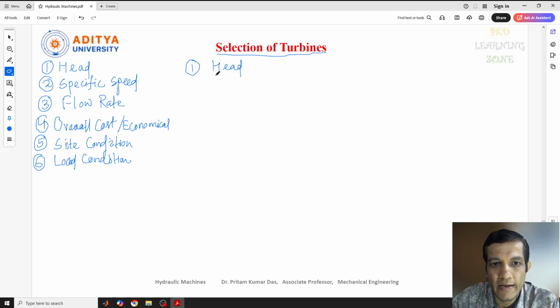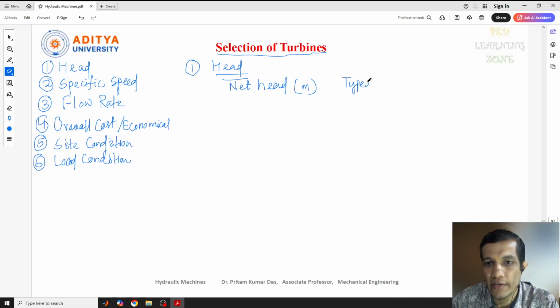So in the head, what is the net head? It should be in meters. And what kind of turbine will be applicable for this? So here we have the types of turbine. I'll explain it in tabular form so that you can easily understand.